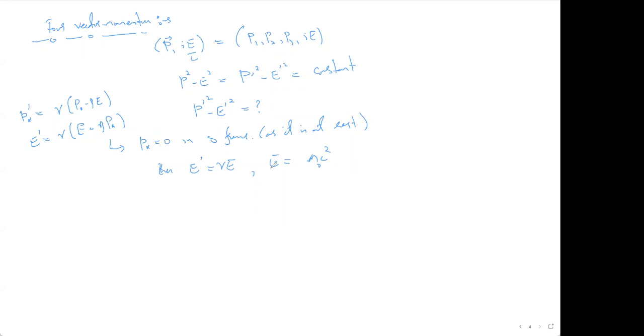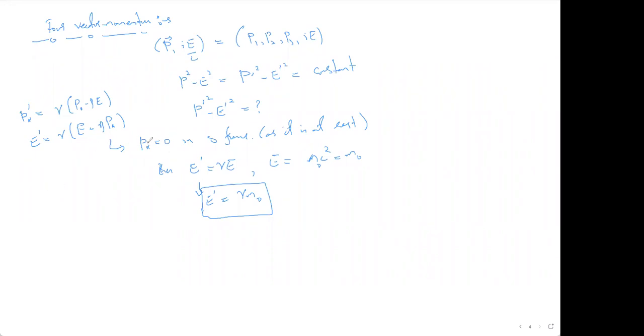So if E is equal to m0, it implies that E dash will now be equal to gamma m0, taking c equal to 1. So E dash is gamma m0, right? Okay. Then what is Px dash?